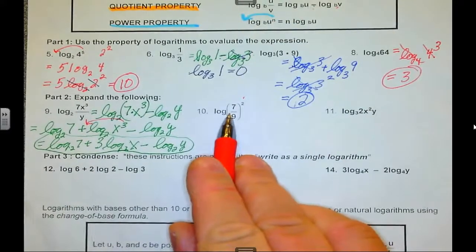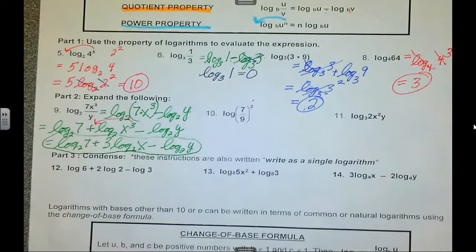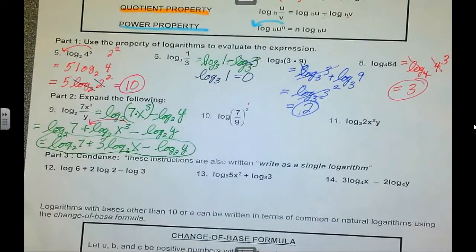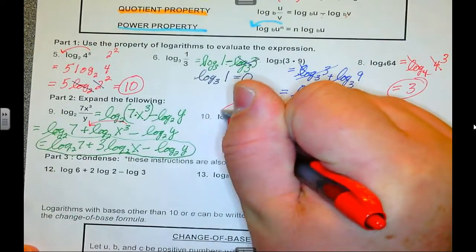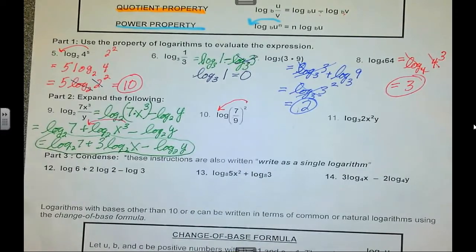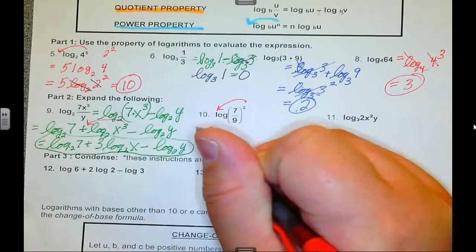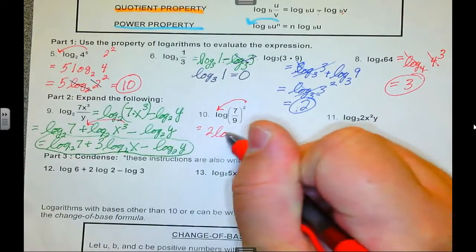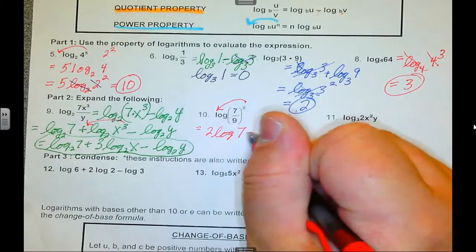This one, since this is in parentheses, you could, again, there's different ways of doing these. With trig and log, you're going to learn that there's really a ton of different ways you can do problems. Since this is one number in parentheses, I'm going to bring that 2 out first. So I have 2 log of 7 minus, because it's a quotient.